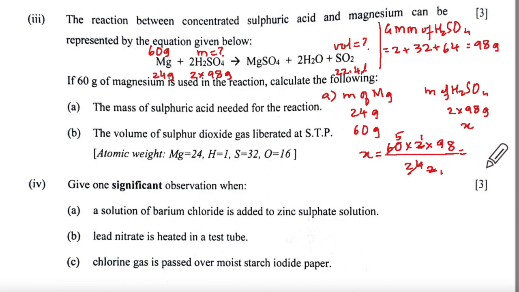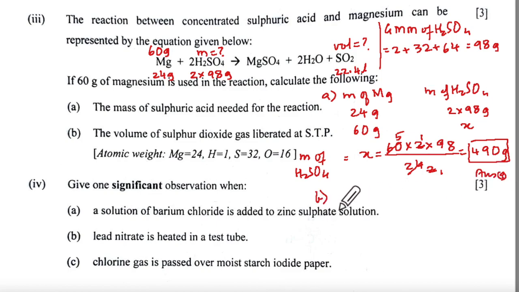So 5 into 98, that is 490 gram. This is the mass of sulfuric acid. This is our answer A.